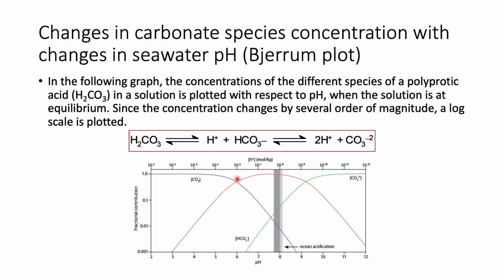So the bicarbonate anion increases from pH 6 up to 9.2, where the concentration of bicarbonate anion is at its maximum. Up to pH 6, the carbon dioxide or the carbonic acid is the major species that will exist. And beyond pH 9.2, it is the carbonate anion that exists as the major species.